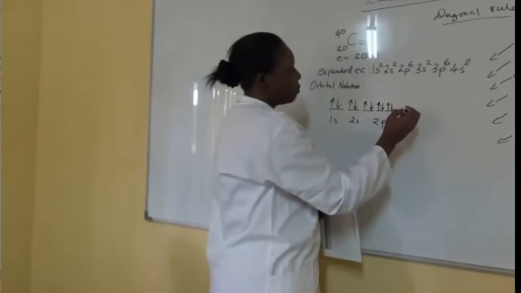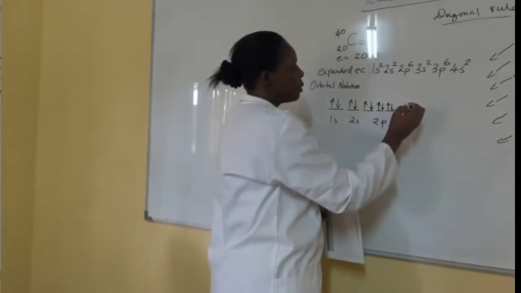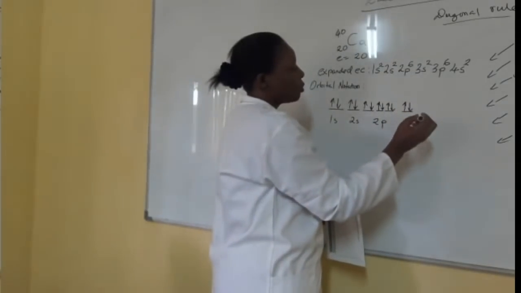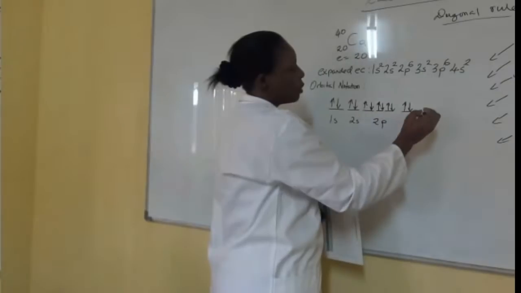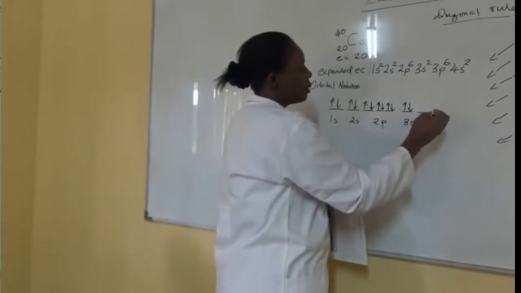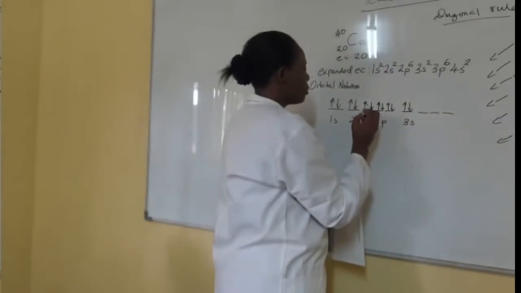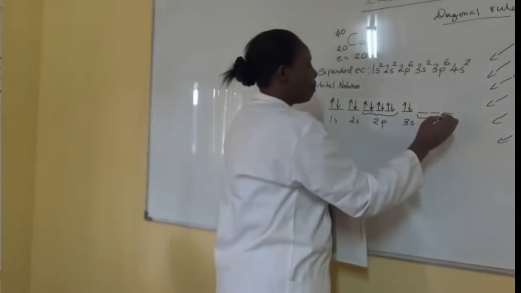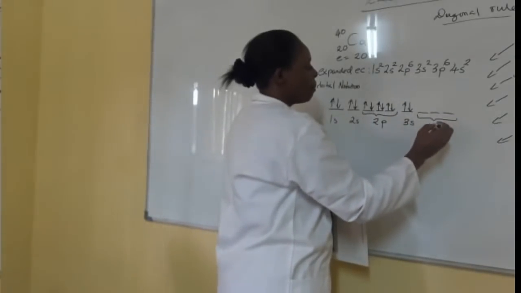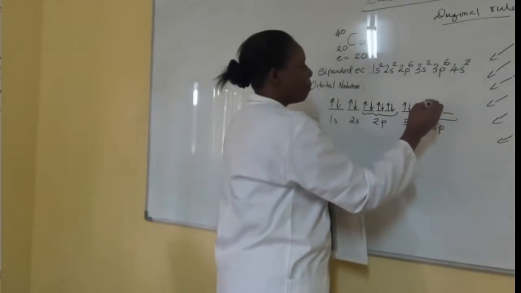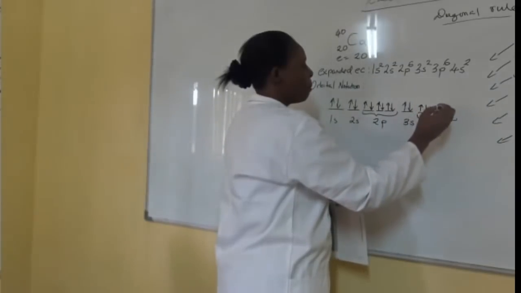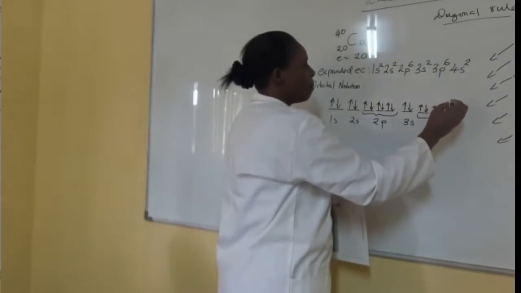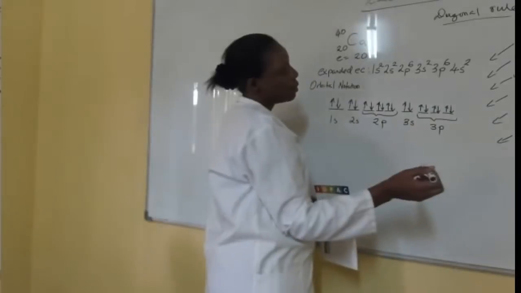Then have the 3s, 2 electrons. Then have the 3p, six.